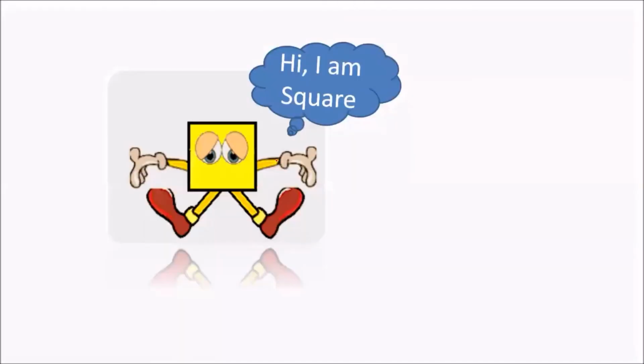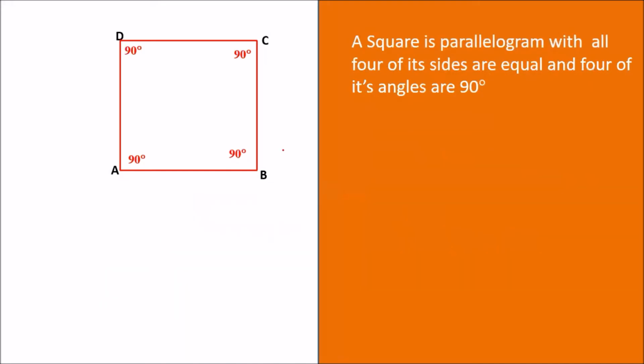Next is the square. What is it? A square is a parallelogram. First it is a parallelogram. Then the condition is all the angles are 90 degrees and all sides are also equal.